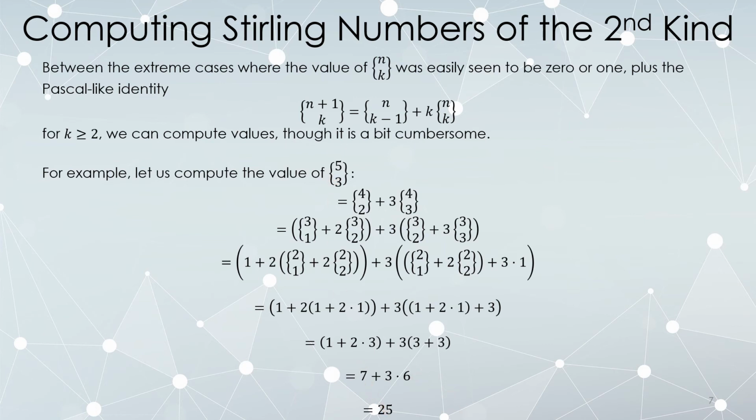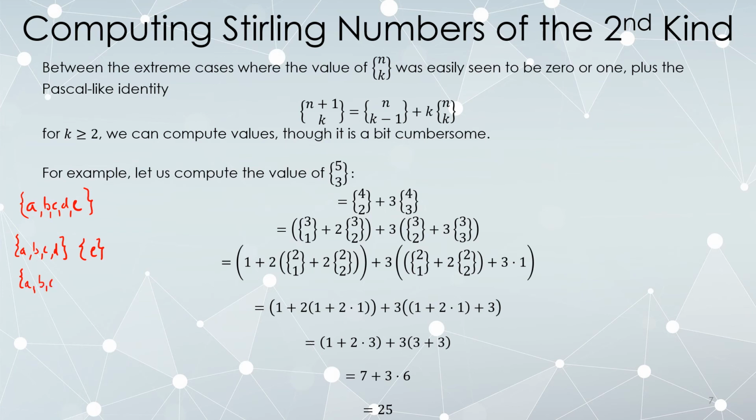This is actually a lot faster, even though it doesn't feel like it at first, compared to doing something like, well, maybe I have 5 elements all in one set. And now I try to laboriously compute, well, what if I put 4 elements into a single set and 1 element in its own set? Okay, well, now I have to pick which thing gets its own set.